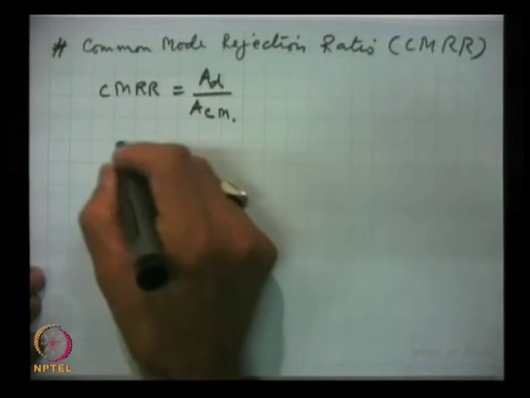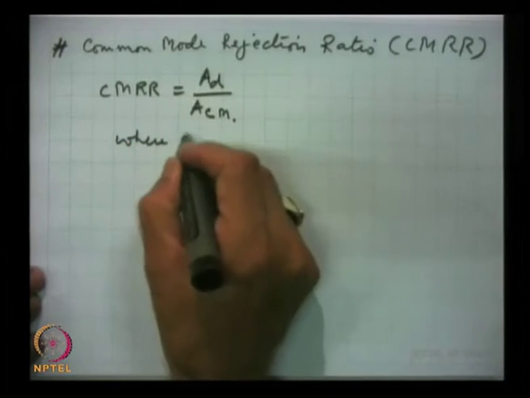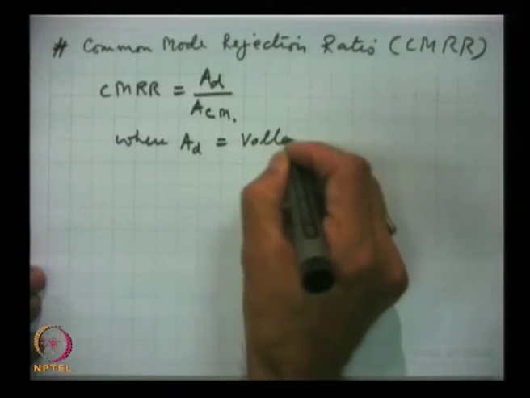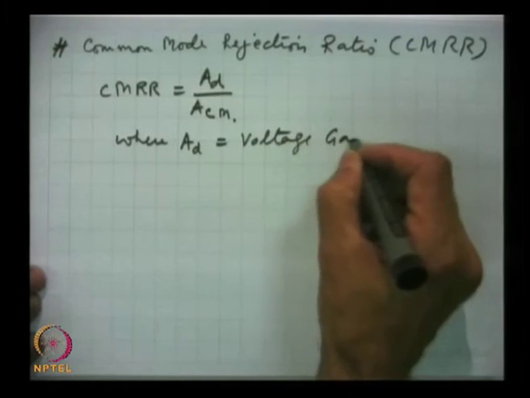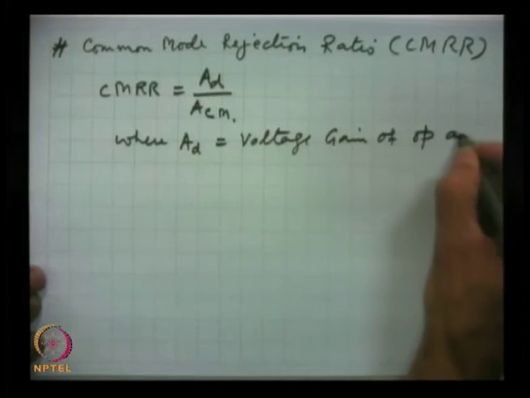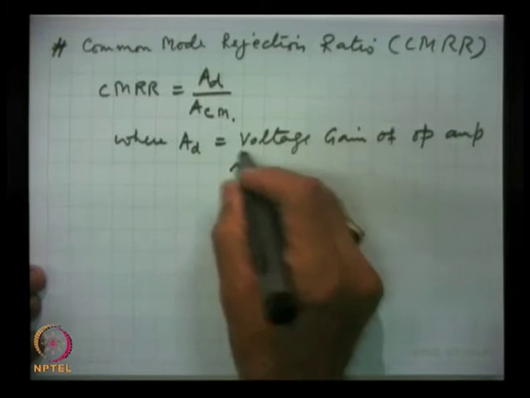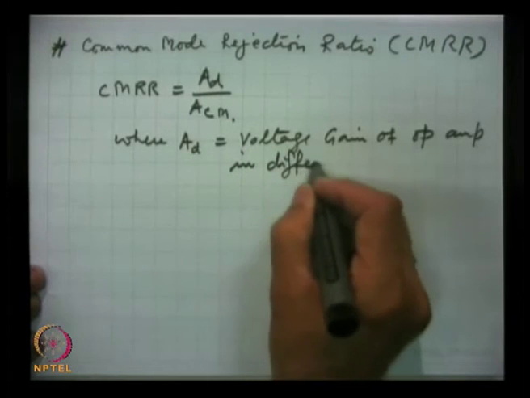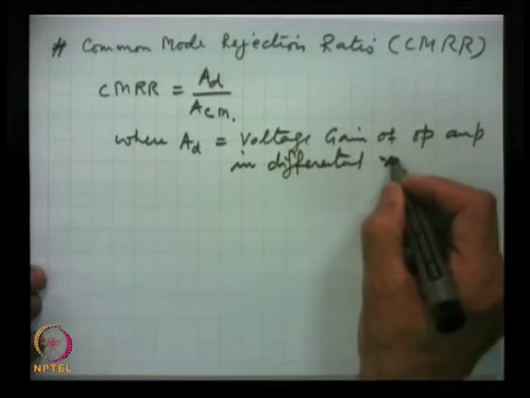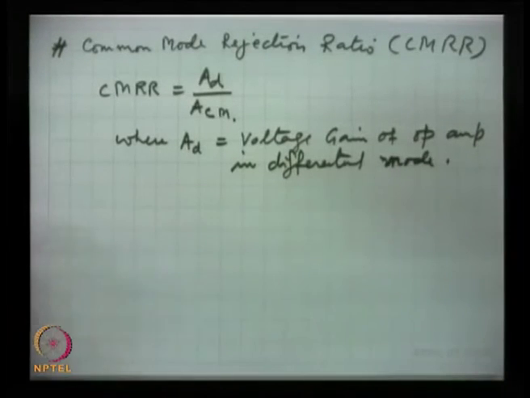where AD is the voltage gain of the op amp in differential mode. We apply some difference voltage at the inputs, and we measure at the output.